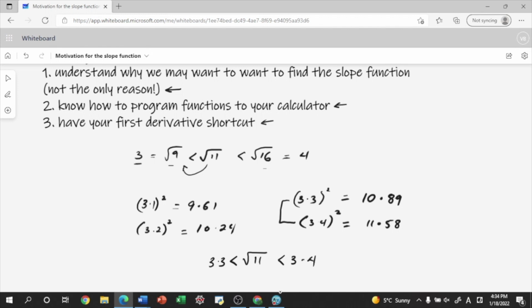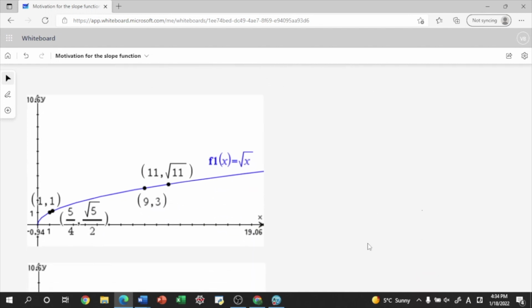However, we can actually do better by approximating the curve y is equal to the square root of x with a line. By inspection of the graph of the square root of x, which we have over here, we can see just how close the points (9, 3) over here and (11, square root of 11) are to one another.